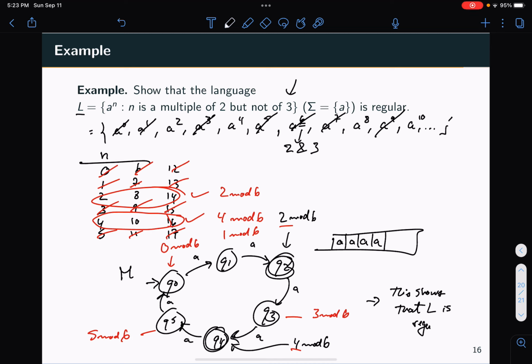In other words, L has this intrinsic simplicity to it that I can create a machine, a deterministic finite machine, that accepts it. And so that's how you would prove that a language is regular. Excellent. So this concludes the tutorial video series on deterministic finite automata.